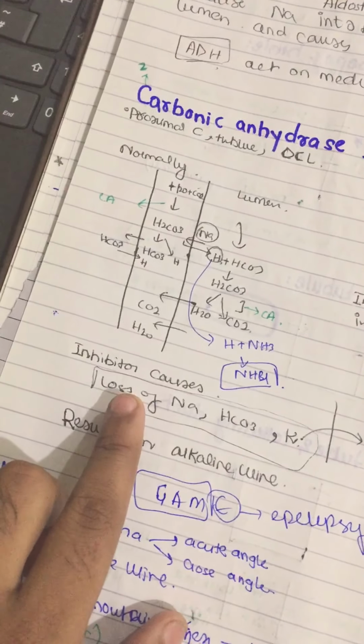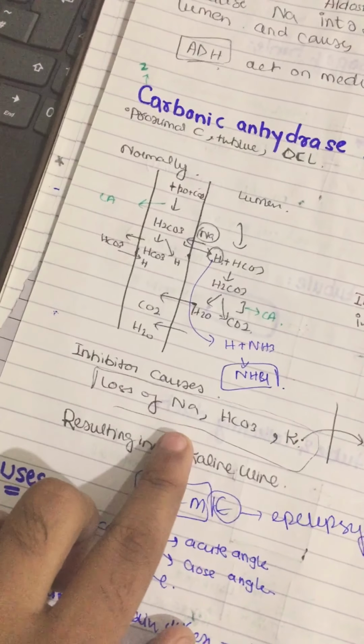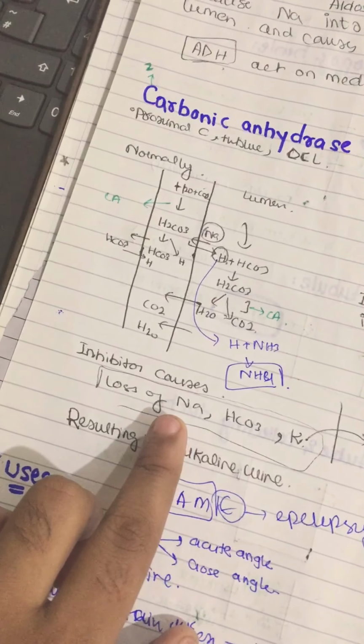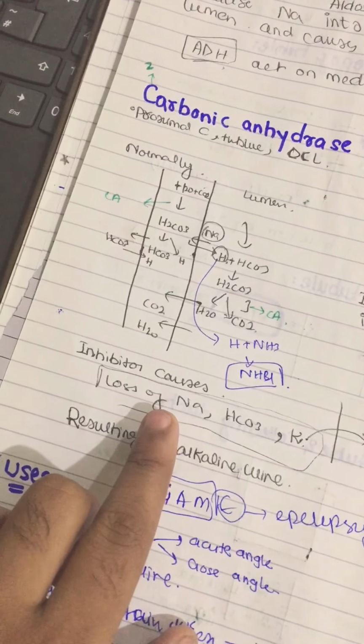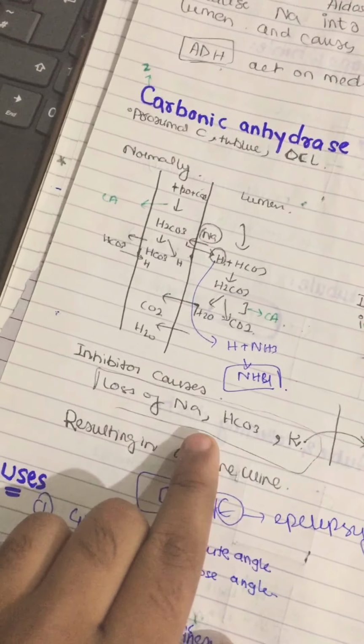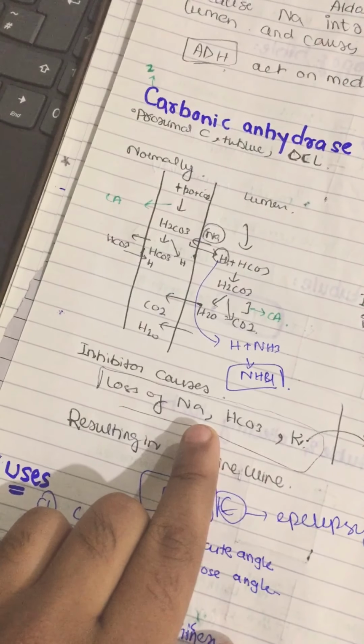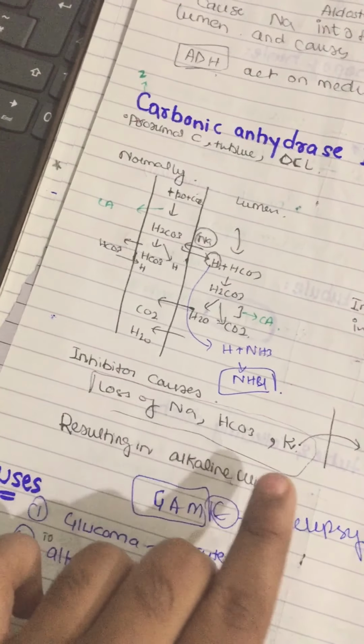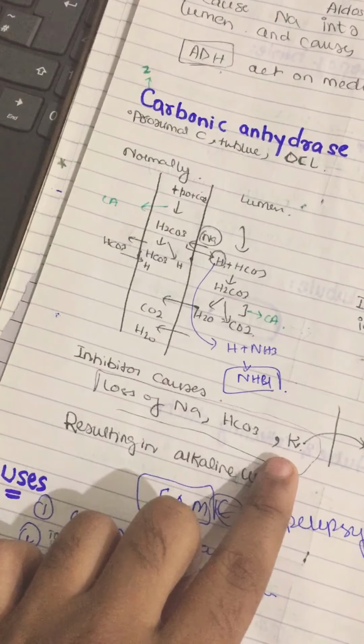But if someone is given the carbonic anhydrase inhibitor, what's going to happen? The sodium is not going to be absorbed, the bicarbonate level will be increased in the urine, the sodium level will be increased, the amino acid and glucose level will also increase in the urine, as well as the potassium level.